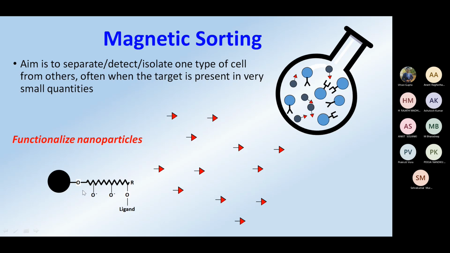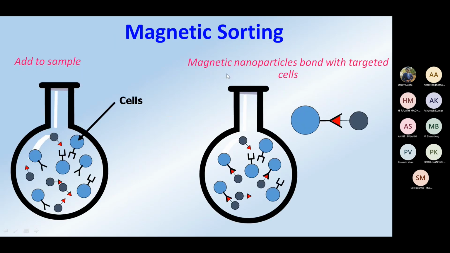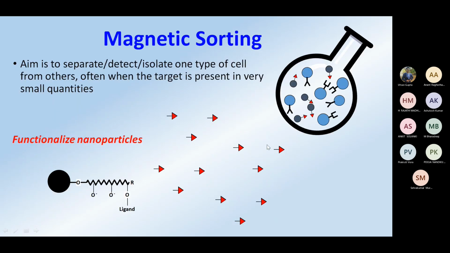That ligand you select, and you functionalize it on the surface of the magnetic nanoparticle. Once you do that, the functionalized magnetic nanoparticles will start to attract to those specific cells, which have the specific target, from the other cell lines.